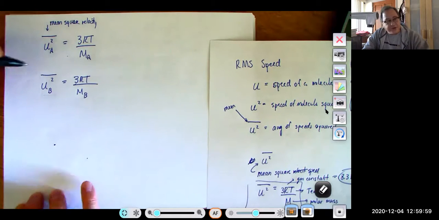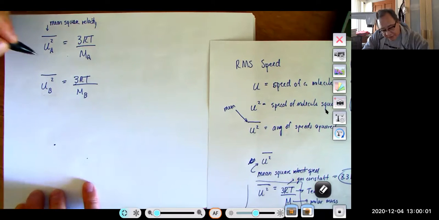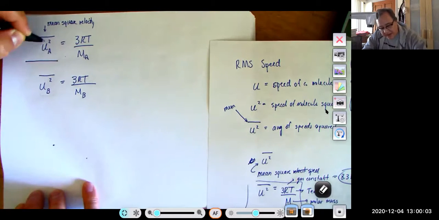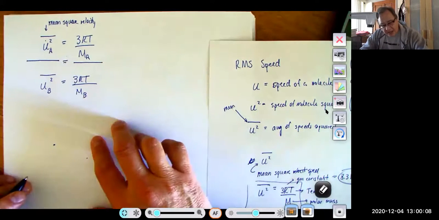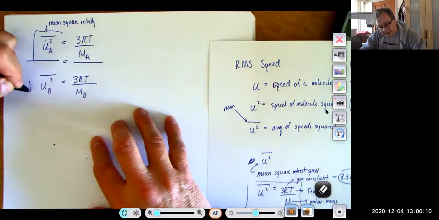So we're going to do two things. One of the things is we're going to divide this guy by that, and therefore divide this guy by that. And we're going to take the square root of everything.